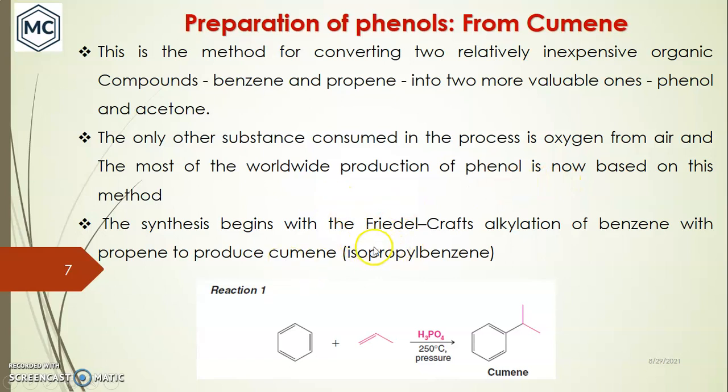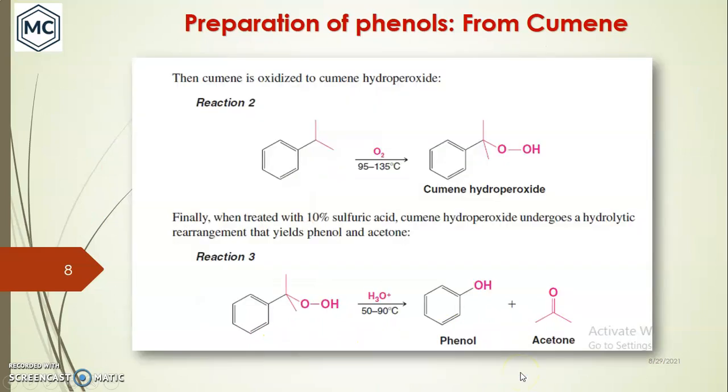This synthesis starts with Friedel-Crafts alkylation of benzene with propene, and it produces cumene first. Cumene means isopropylbenzene. The second step is that cumene is oxidized by air at high temperature to cumene hydroperoxide.